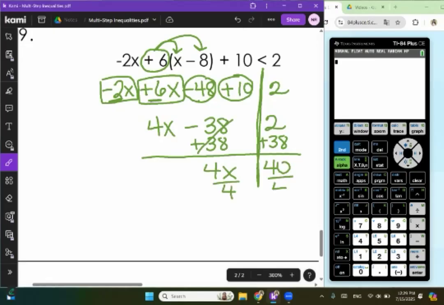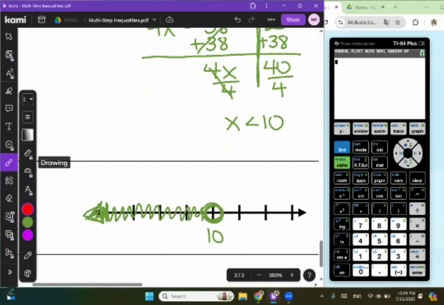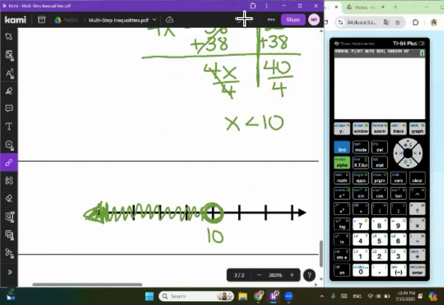When we divide, notice we are dividing by a positive number, so we do not need to flip. And we get x is less than 10. It's not underlined, so we leave it as an open circle. And it's shaded to the left because our inequality is pointing towards the left.